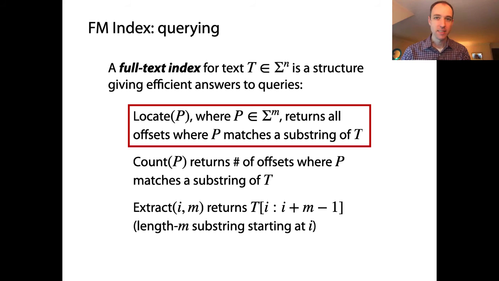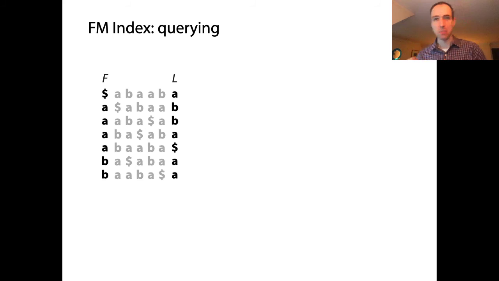And this is kind of an interesting question because we haven't necessarily stored any specific offset information. If we just look at the Burrows-Wheeler matrix itself, and think about the first column and the last column, we're kind of used to being able to do everything we need using the first column and the last column. But there's no information here about what offsets these different rotations are.